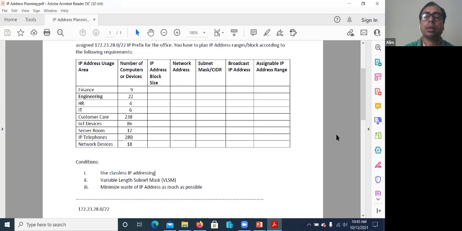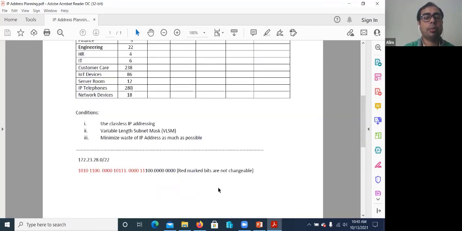That is a special case. I will also discuss it. And minimize waste of IP addresses as much as possible. So these are done to minimize IP address waste. So how do we plan in real life?